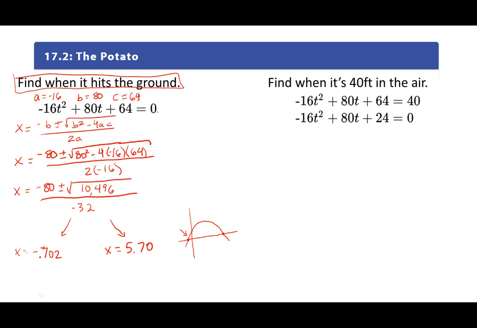It doesn't make sense to say at time negative 0.702 it was on the ground, because that just isn't the case. It was launched from a height of our constant term 64, and negative time isn't going to make sense in this case. So the potato hits the ground 5.7 seconds after it is launched.